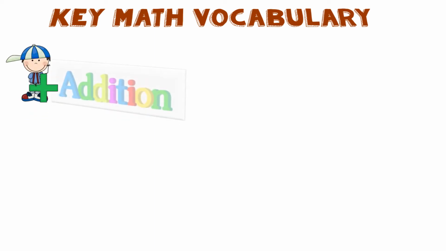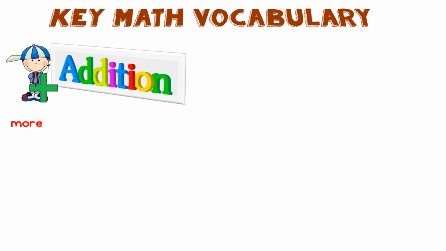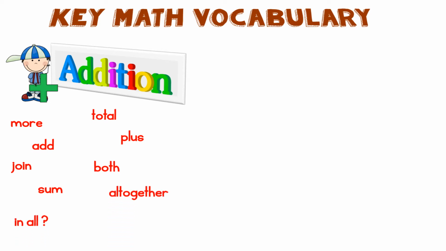Now we are going to look at key math vocabulary, or what we call keywords, action words, or clue words. These are words that help us to figure out which math strategy we're going to use with math operation. In addition, some keywords are more, total, add, plus, join, both, sum, altogether, in all, added to.